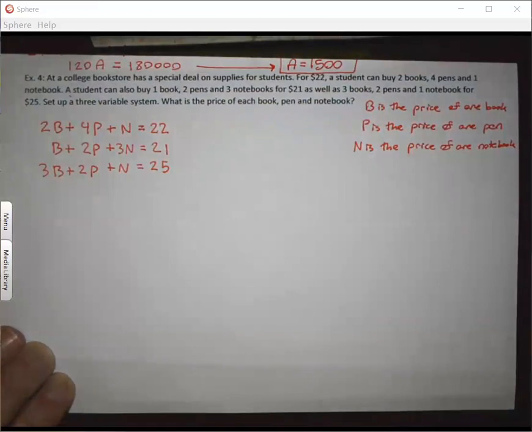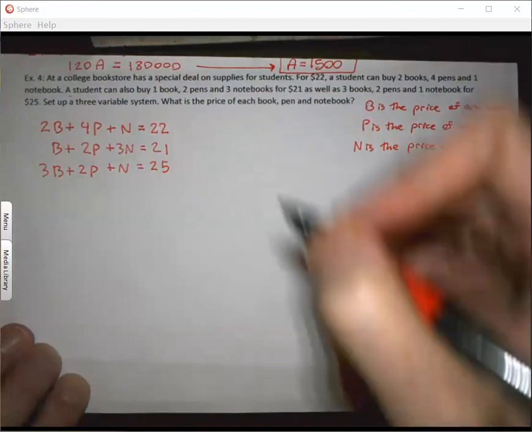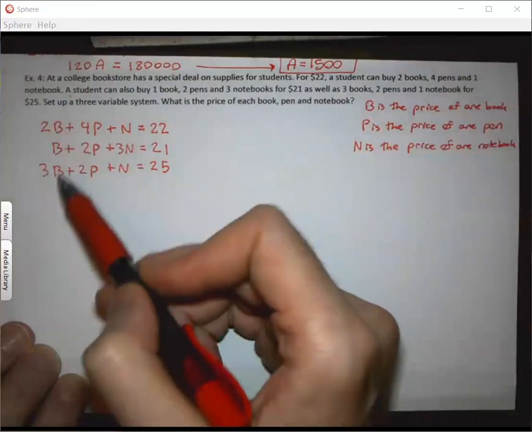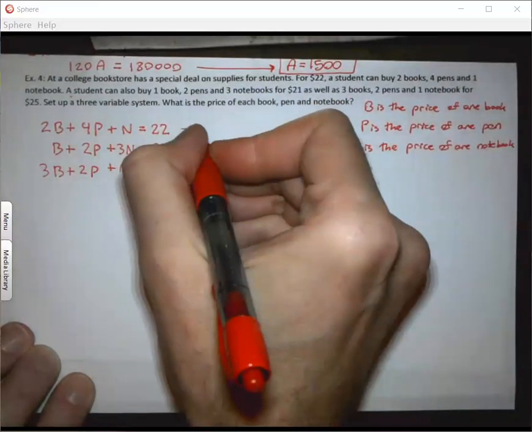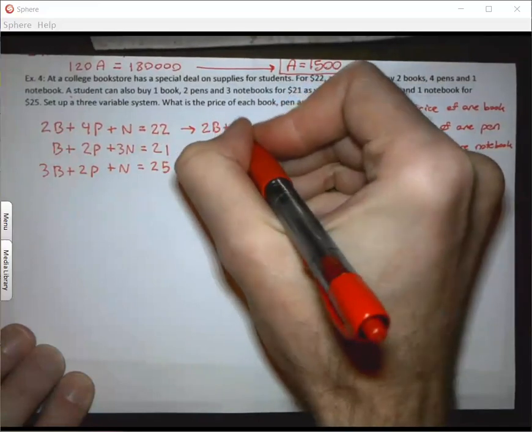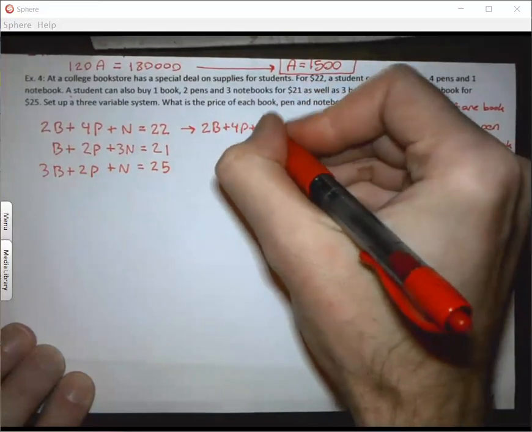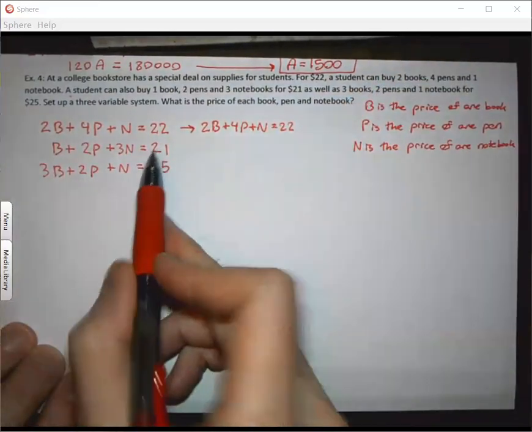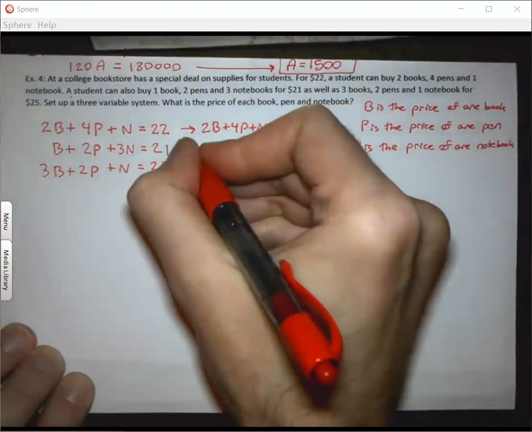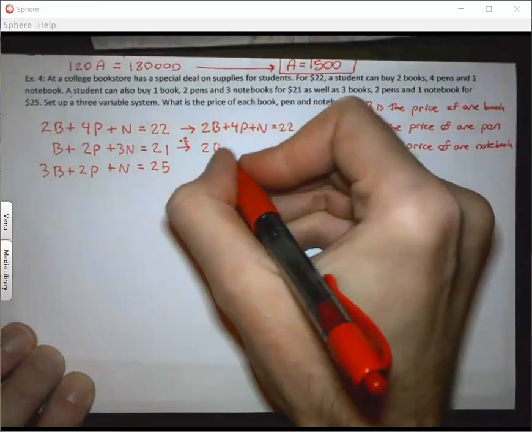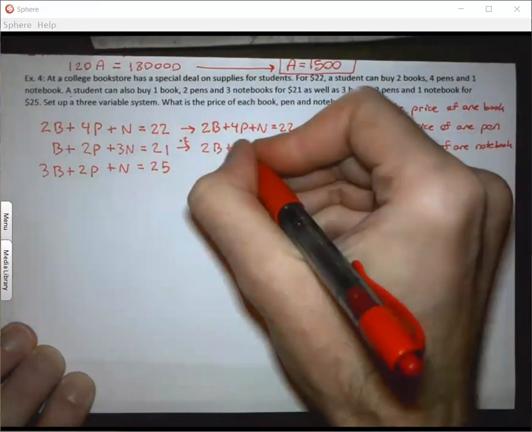So this one looks like it's set up for elimination. So let's do that. I'm going to choose to eliminate B first. So I'll keep this the same. Multiply this by 2. 2 times 2 is 4.